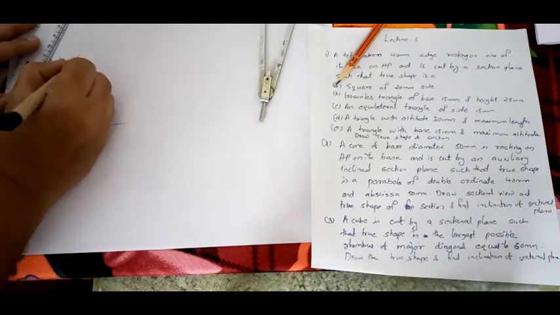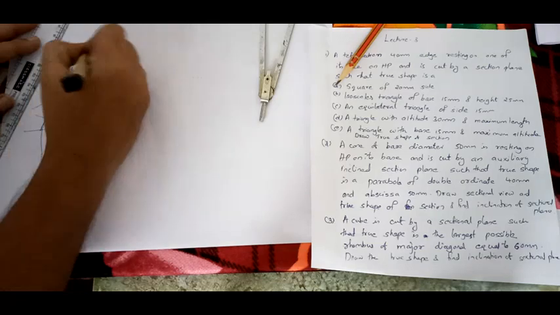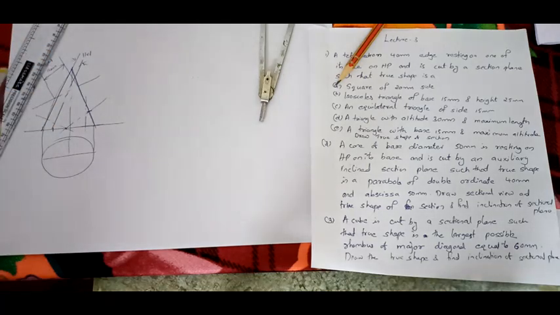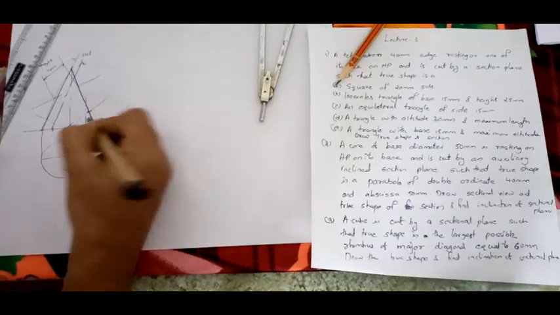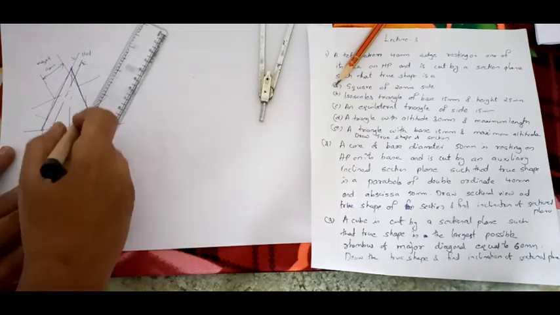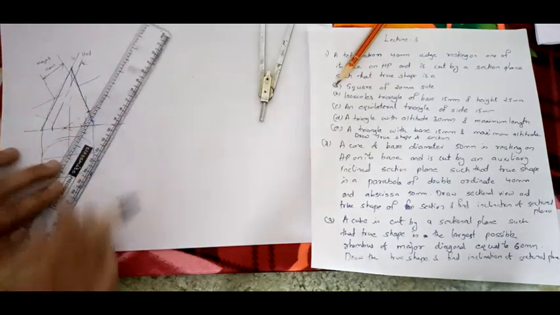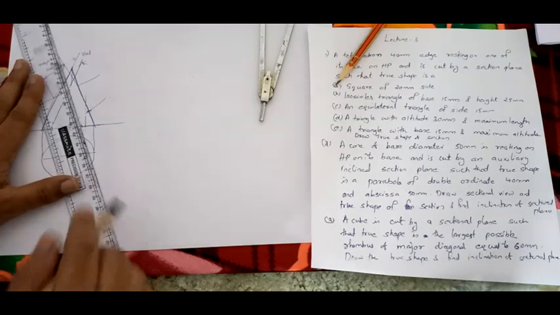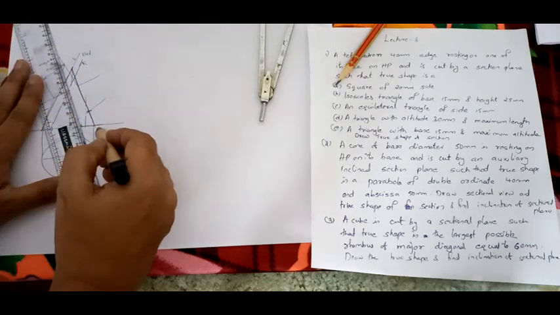So the section plane and your generator should be parallel. So if you are cutting from here, either you can draw like this in such a way that this line should be parallel to this line, or you can draw like this in such a way that the section line is parallel to the generator.